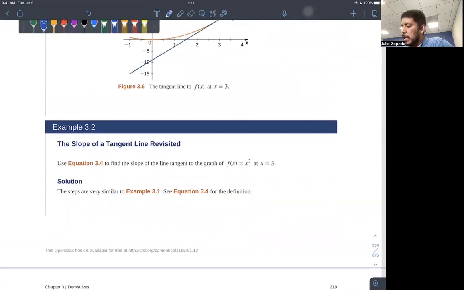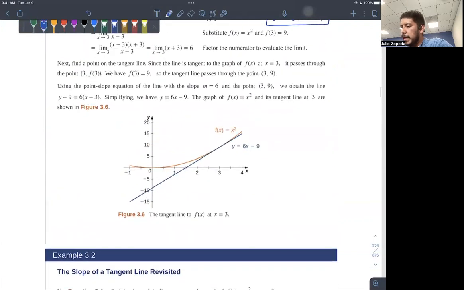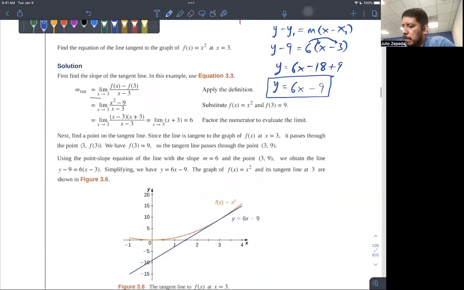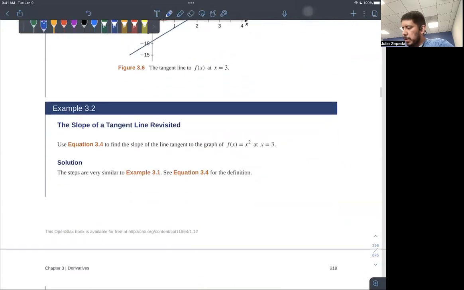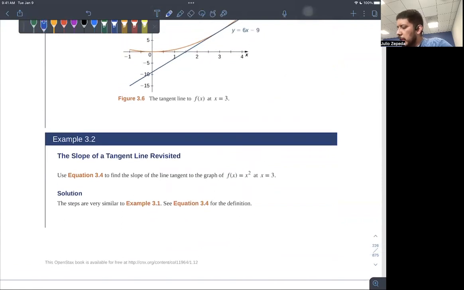Instead of using the limit formula here, f of x minus f of a, we'll use the other one. So let's go ahead and write it down. The limit as h approaches 0 of f of x plus h minus f of x, divided by h. And in this case here, we're going to say x is equal to 3.